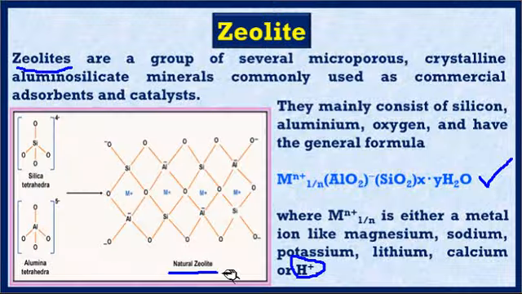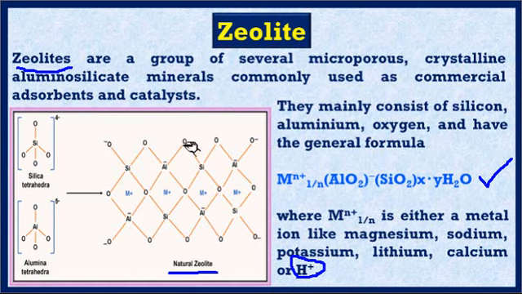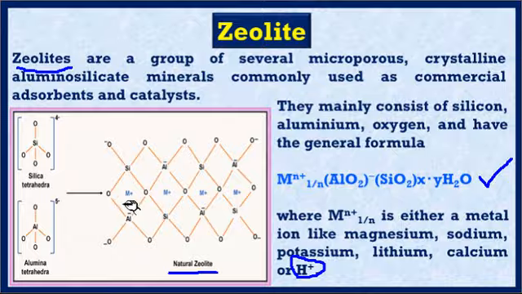Here we can see that it has a cage-like structure in which alumina and silica tetrahedron cages are there, and in between these cages the metal ions are captured. These metal ions may be magnesium ions, calcium ions, sodium ions, lithium ions, etc. So this is the basic general structure of zeolite type compounds.